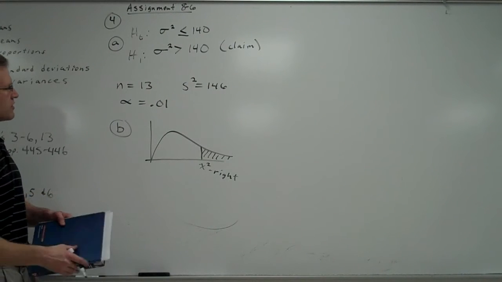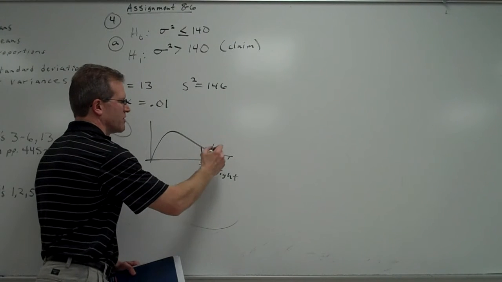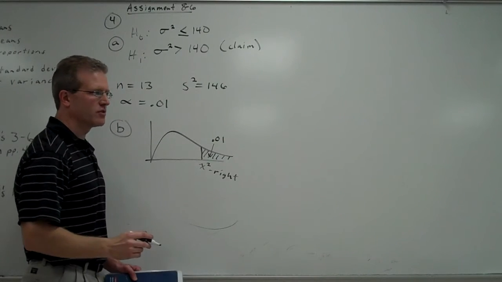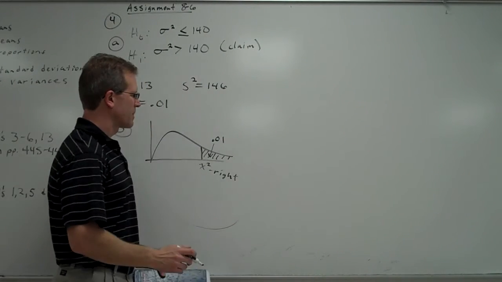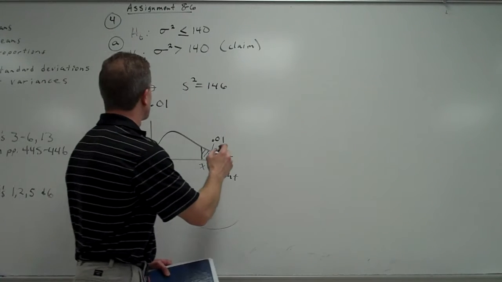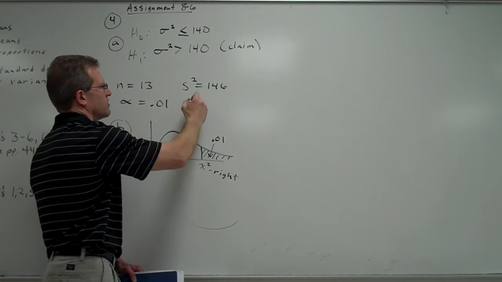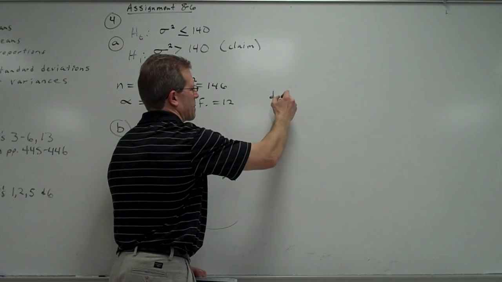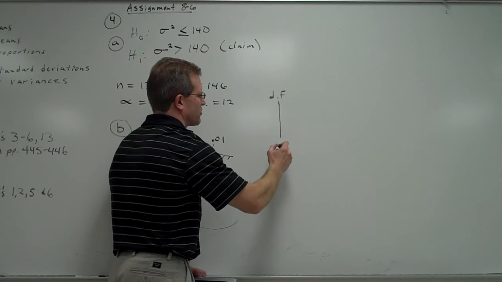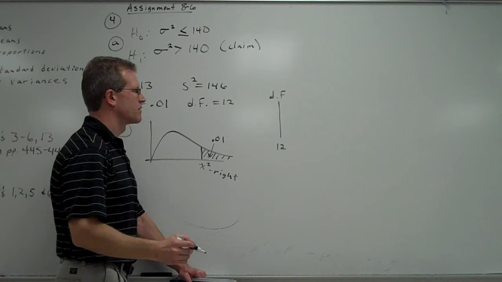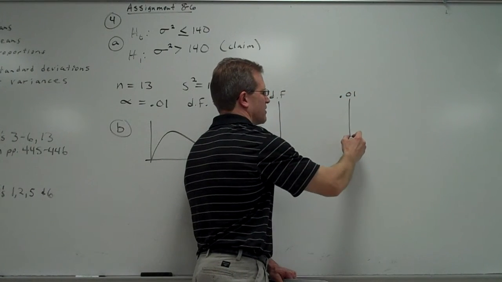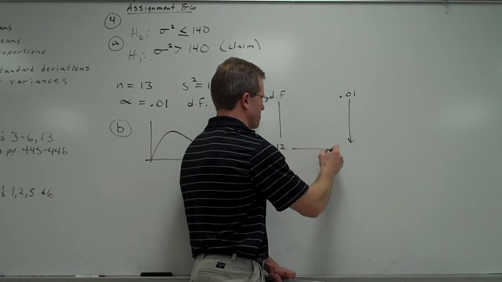So this area is 0.01. You don't need to divide by 2 because there's only one tail. So go to your chi-squared chart. Degrees of freedom would be 13 minus 1, so degrees of freedom would be 12. Go down until you find 12 in the degrees of freedom, then go over to the right side of your chi-squared chart until you find 0.01.